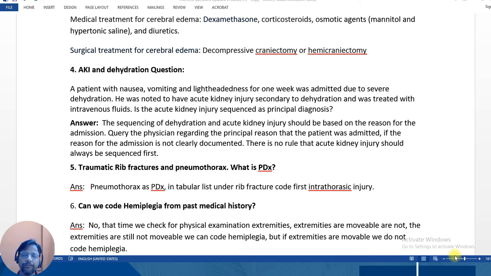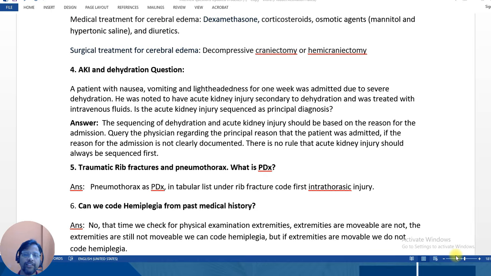Which is the principal diagnosis in this situation, dehydration or acute kidney injury? Whenever you want to decide the principal diagnosis, you need to check the reason for the encounter or reason for the admission. Here, you need to query the physician regarding the principal reason that the patient was admitted.